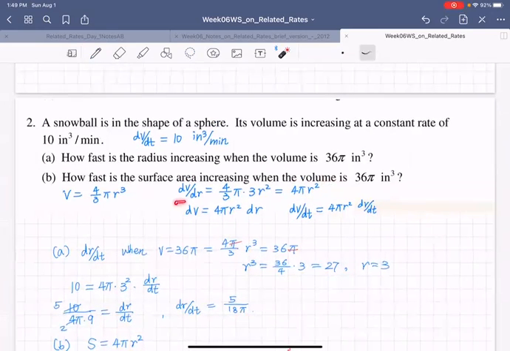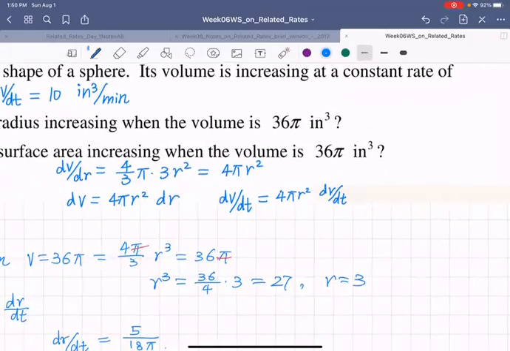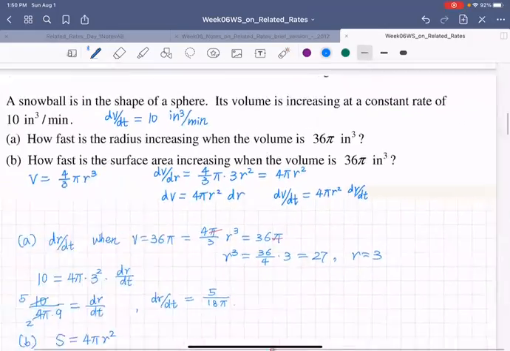If you cannot do this in one step, you do this first to make yourself feel clear. You do the derivative, you get here. And then you do divided by dt for both sides. So you got dV over dt equals to this guy times dr over dt, okay? Make sure your V and r look different, otherwise you will be confused.